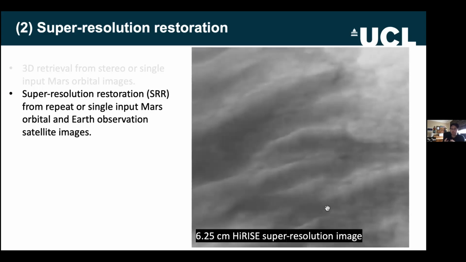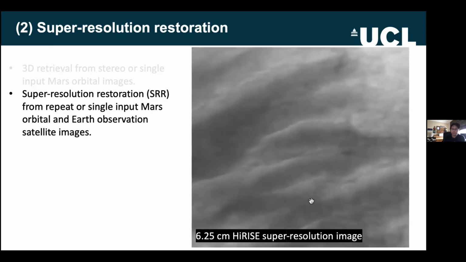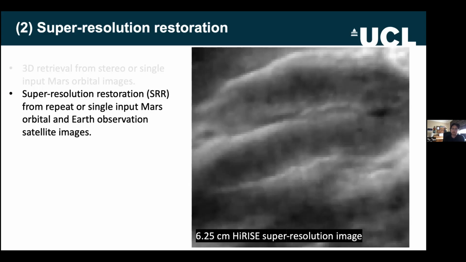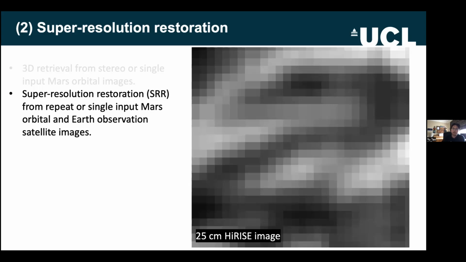So now let's zoom in a bit more and change the display contrast for this area only. And this is what we can see from our super resolution restoration result, compared to what we can see from the original 25 centimeter resolution HiRISE image.